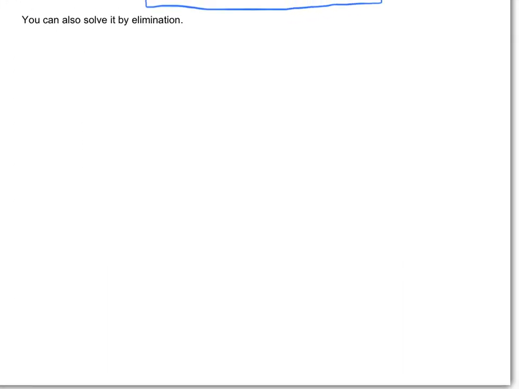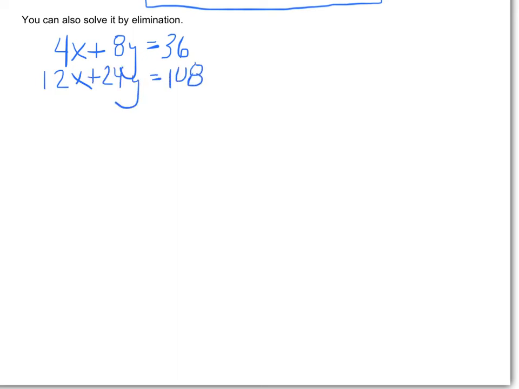So if I look at the elimination method, again, the system we came up with is 4x plus 8y equals 36, 12x plus 24y equals 108. So again, we have the x's lined up, the y's lined up, the constant on the other side lined up. So what I'm going to look at now is trying to figure out how do I create opposite coefficients.